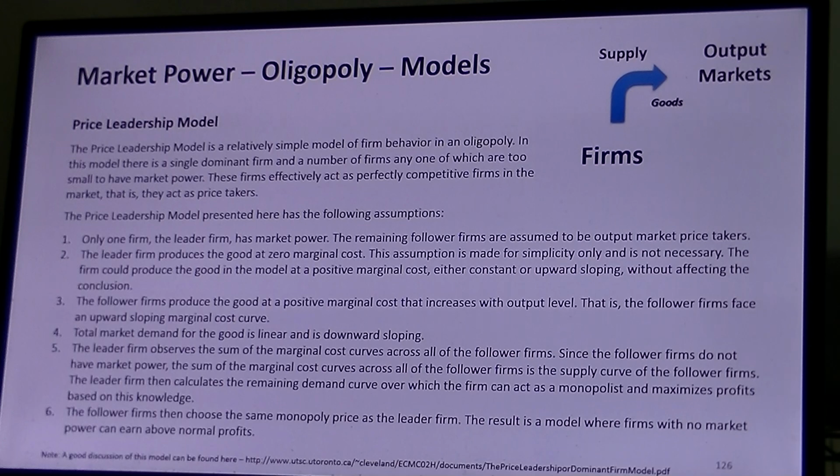The two firms are competing, acting in a competitive way, and they're not colluding. There's no illegal behavior, and yet at the same time we end up with a monopoly price and a monopoly output, and the two firms share the market, so that both firms are better off than if they compete in a Cournot type market.